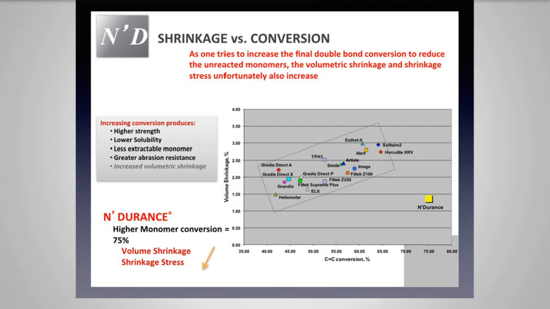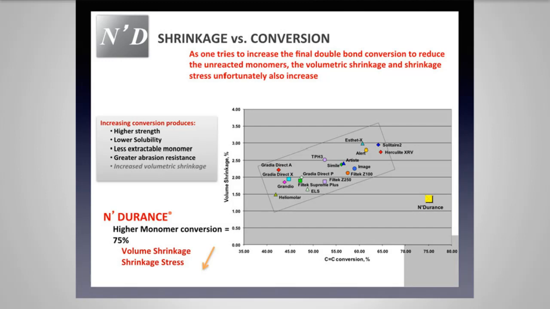Looking at this chart, what you will see here is that everybody's in this box, essentially, in which the conversion rate ranges anywhere from 40 to 65 or so % conversion. But when you start to move to higher conversion rates, you get higher shrinkage going on.